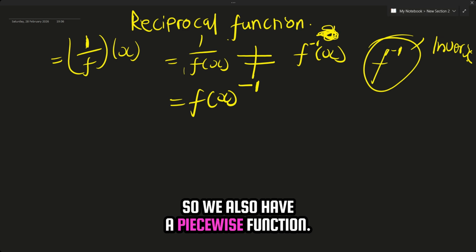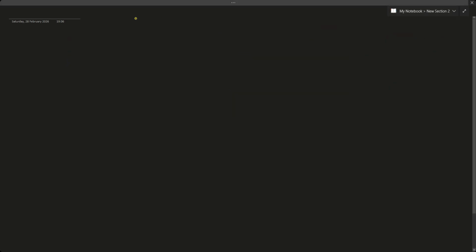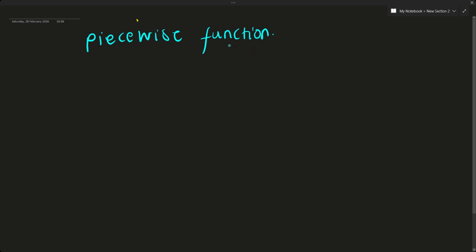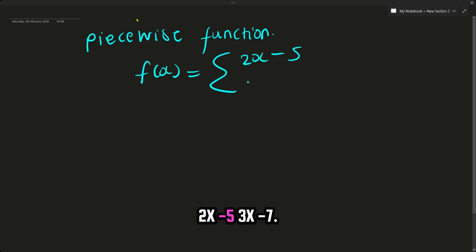So we also have a piecewise function. So f of x equals x minus 5, 3x minus 7, and so on.